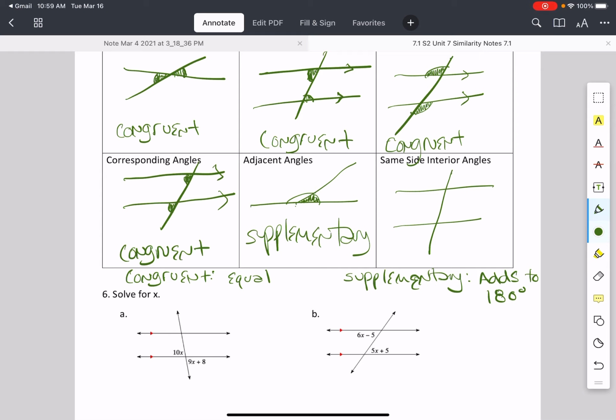Interior, so meaning inside the parallel lines, but same side, meaning the same side of the transversal, not alternating sides. And these are supplementary as well.